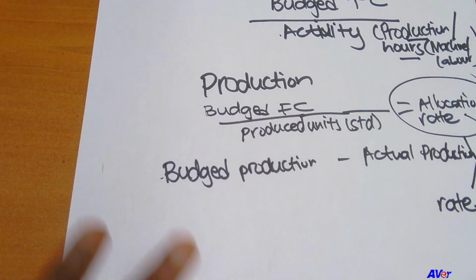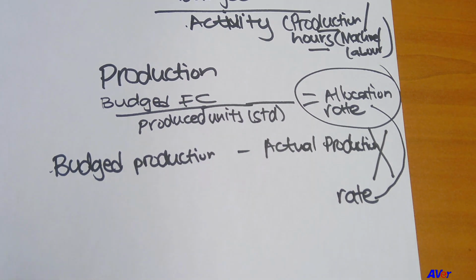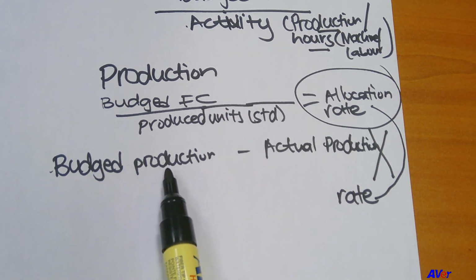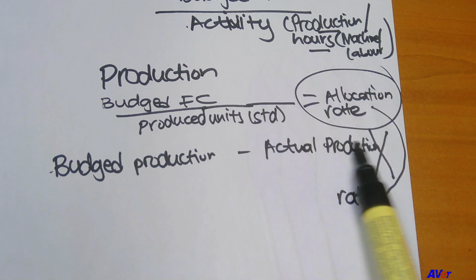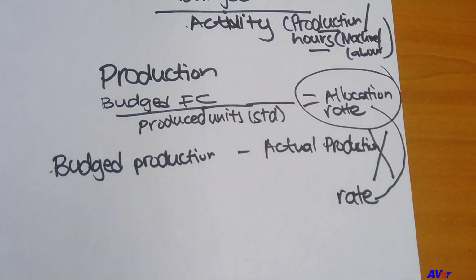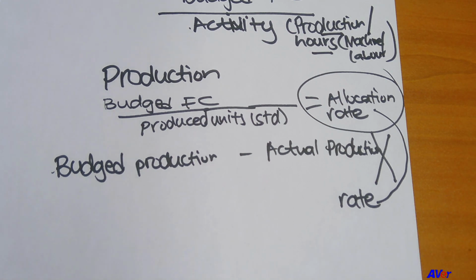So our volume variance was the budgeted production, subtract what we actually produced, multiplied by the allocation rate. This was our volume variance, because the more we produce, the higher fixed costs we will have, because under the absorption costing method, we allocate our fixed costs to our production. So the more we produce, the more fixed costs we're going to have, and therefore you will have a volume variance as a result of that.